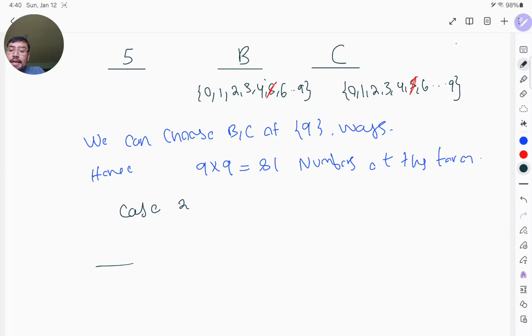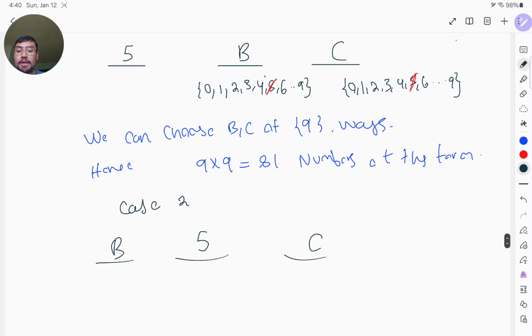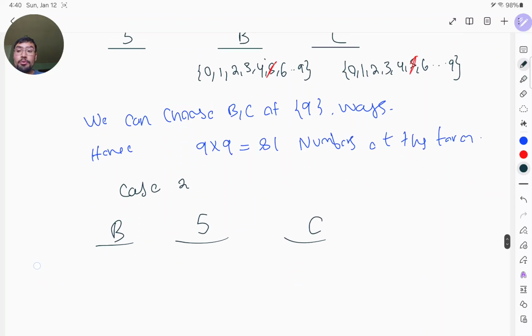Case 2. In this case we have also the same 3 digits, but now the number is of this form with a 5 in the second position.